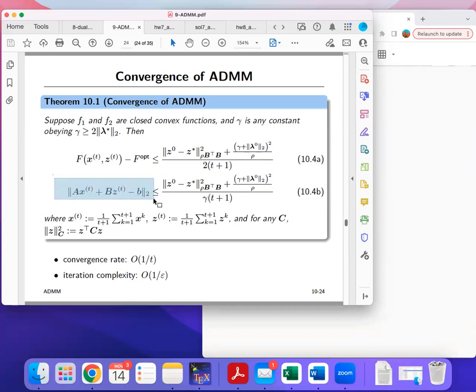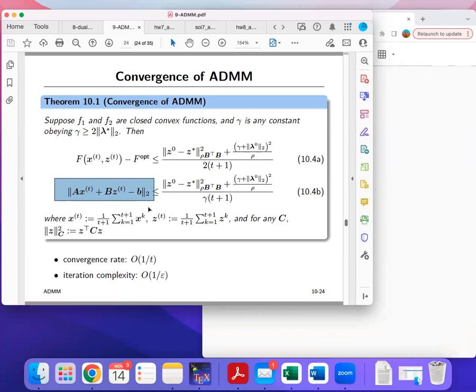So this constraint violation, right, it's the L2 norm of the constraint violation, decays also at the rate 1 over t. Okay, so both of these function value and the constraint violation, their errors are converging to zero.